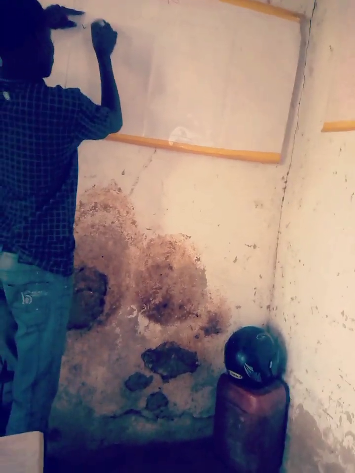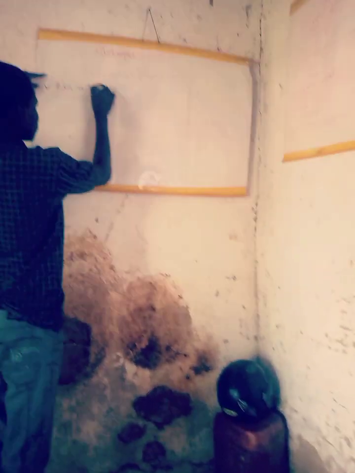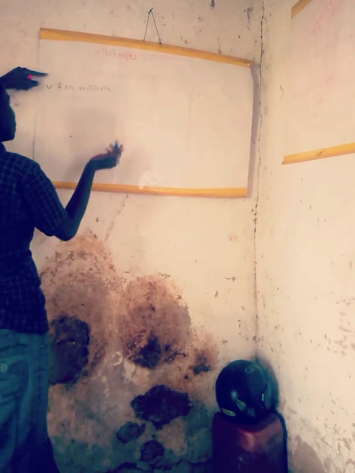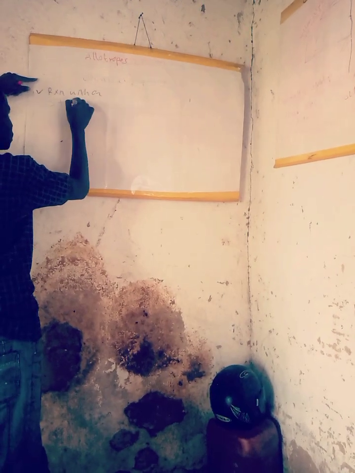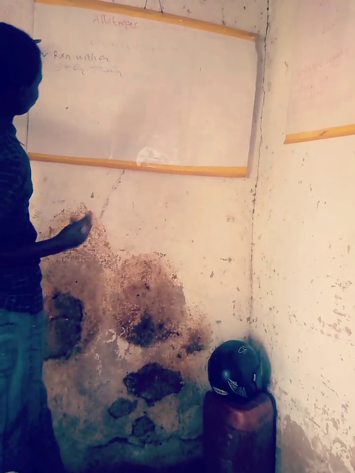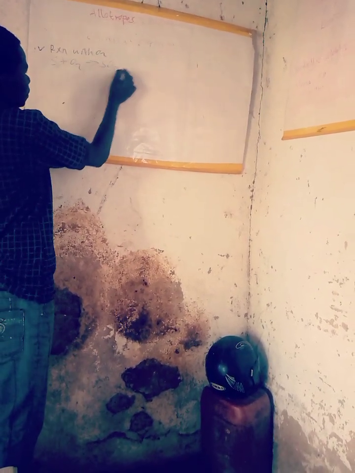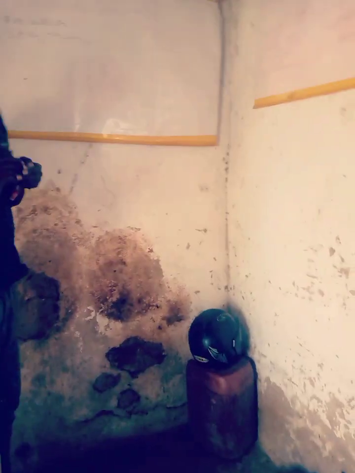As you all know, when sulfur reacts with oxygen, it forms sulfur oxide. Sulfur plus oxygen forms sulfur oxide gas. That is the first chemical property.